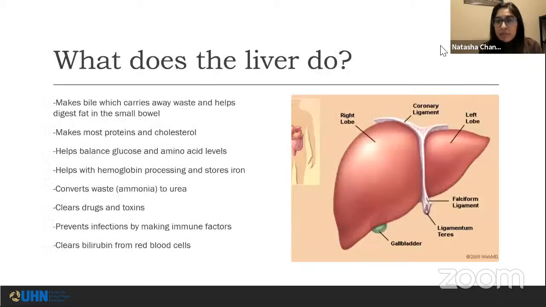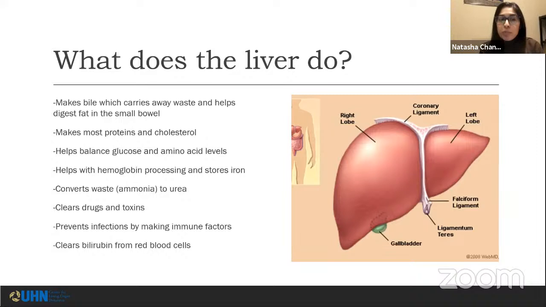So the liver is a very fascinating organ. It's about 3 pounds and about 14 centimeters in length in the average adult. And it does a myriad of important functions in our body. Firstly, it makes bile, and bile is a substance which allows us to digest fat and absorb fat-soluble vitamins in our small bowel.